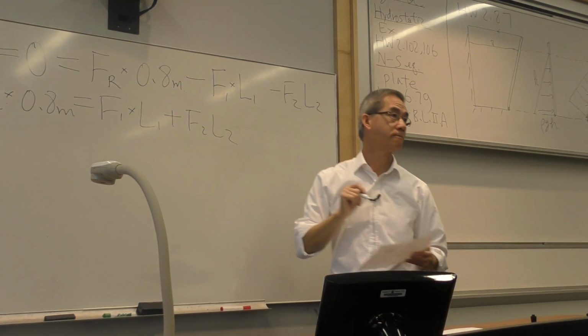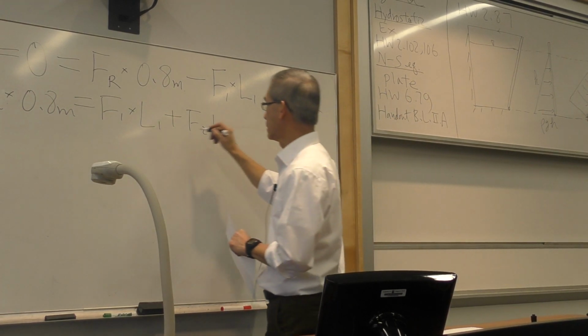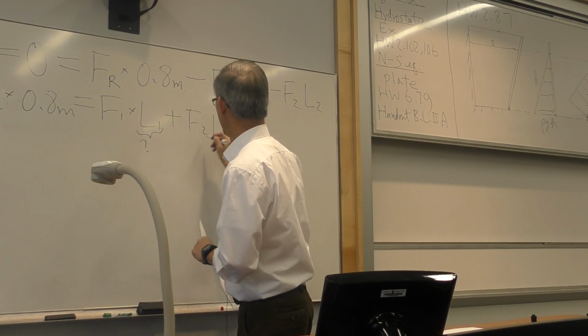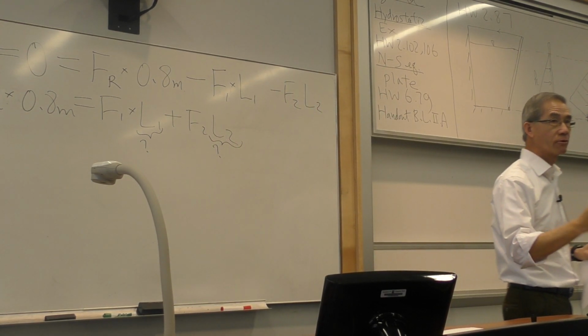This is what I'm after. Does that make more sense? So I'm now dealing with the issue of finding the moment arm for the force F1 and the moment arm for the force F2.